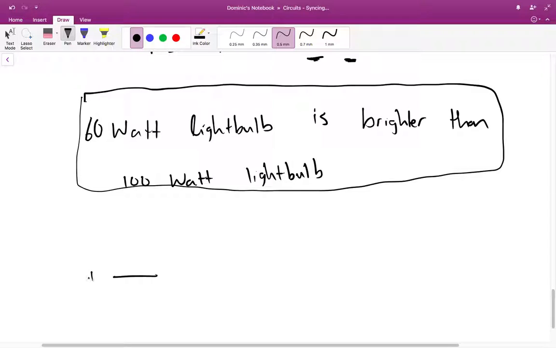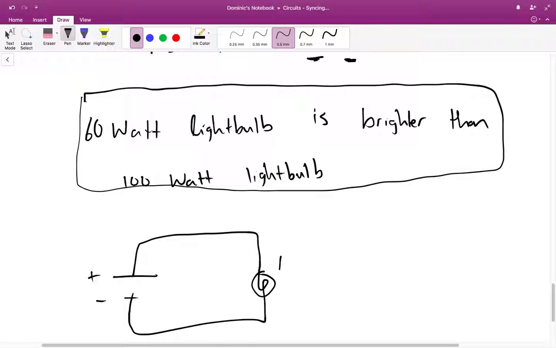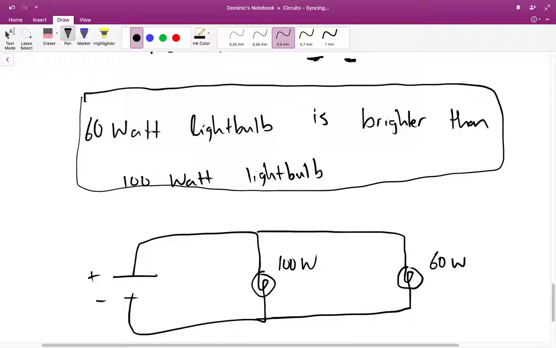See what happens if you connect the 100-watt light bulb in parallel with the 60-watt light bulb. See which one is going to be brighter. Again, it's the amount of power consumed that will determine how bright the light bulb will be. See if you can figure that one out on your own.